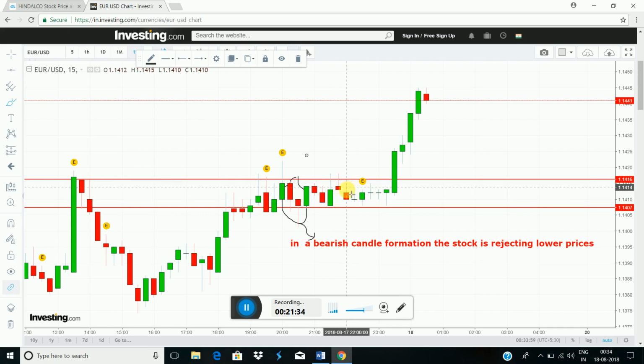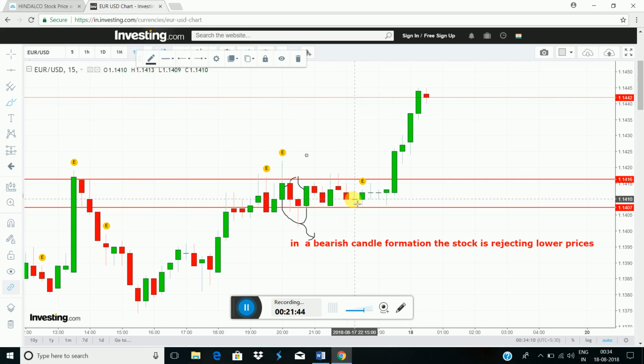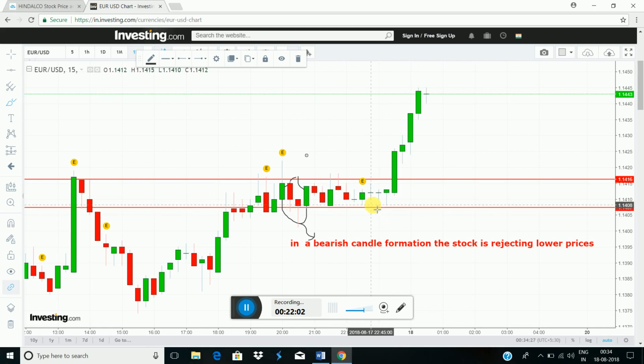So from here we can start to think that we are moving towards exhaustion, towards the end of the range. This doji or indecisive candle confirms that we are moving towards the end of the range. This candle again confirms it. And now if you see this candle, this doji, now we are sure that we have moved towards the end of the range.